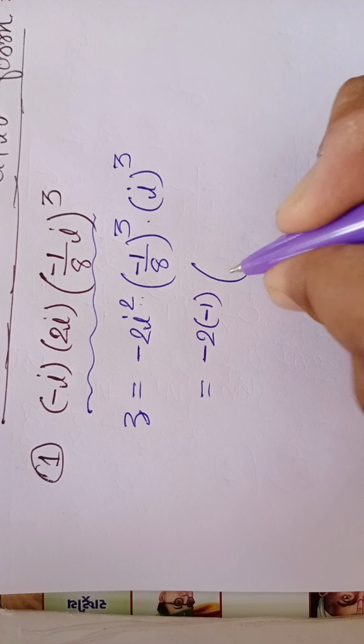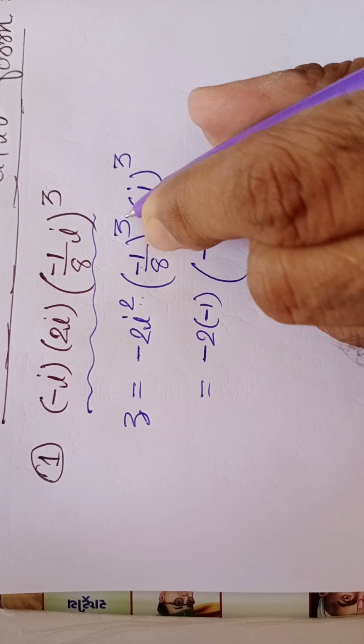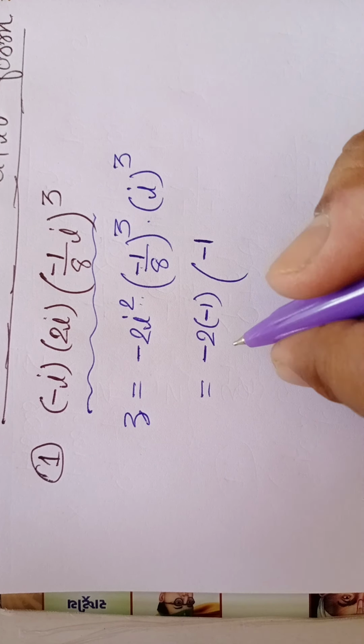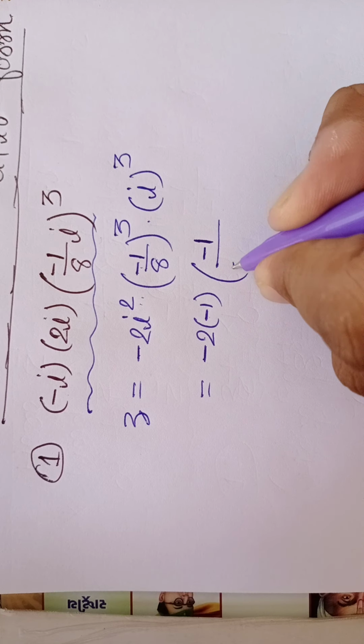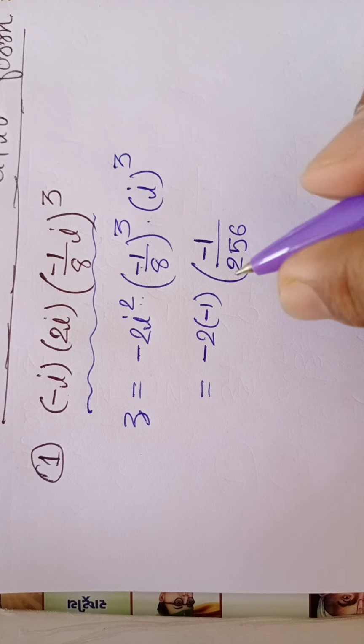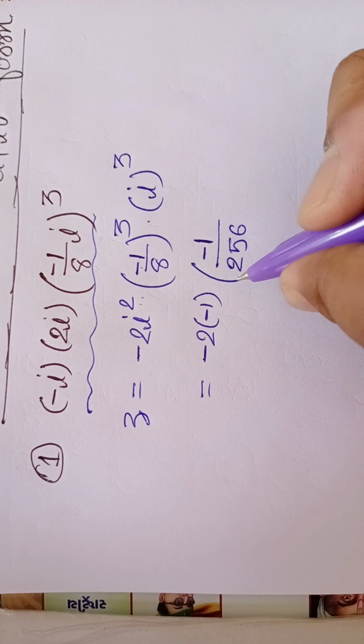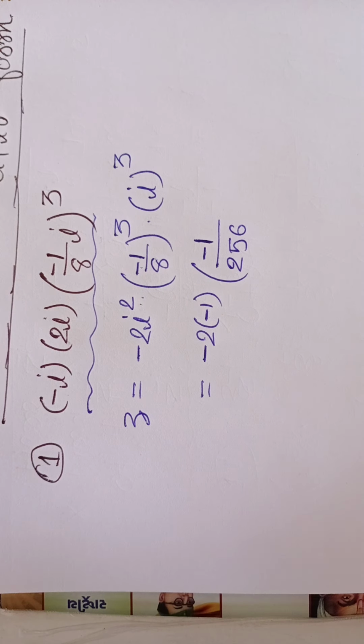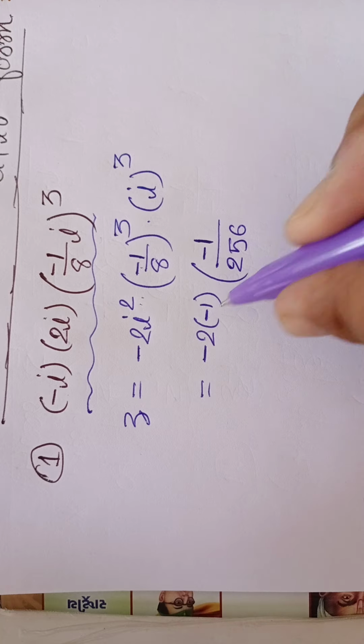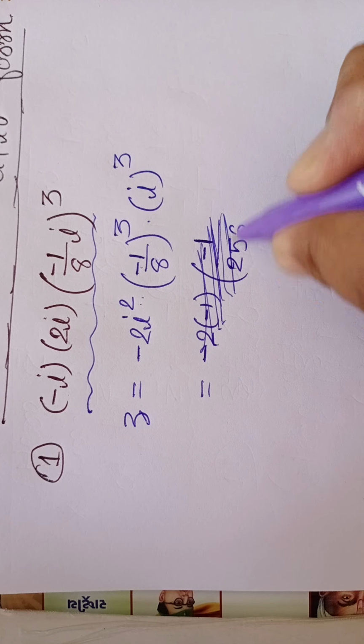Okay, minus 1 cube is again minus 1. The cube is separately written, and 8 into 8 into 8 is 256, right? Sorry, 8 into 8 is 64, and 64 eights are 512. By mistake I derived this.